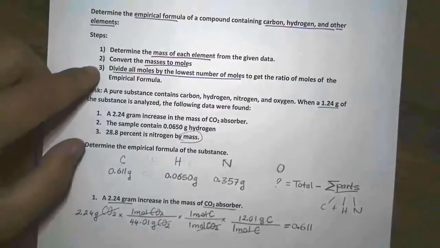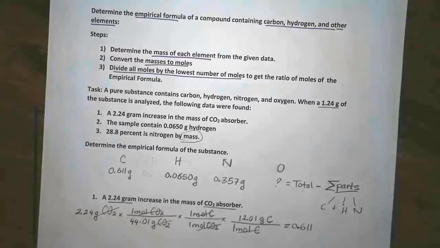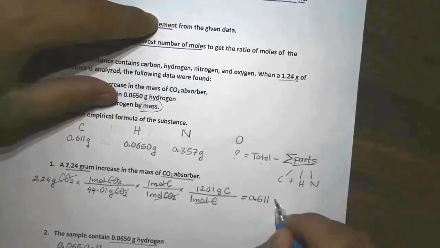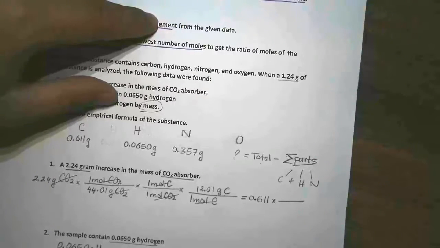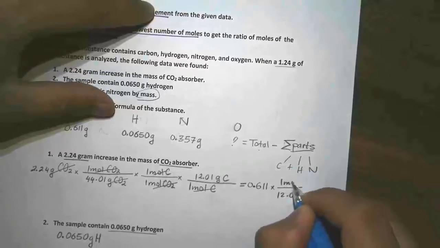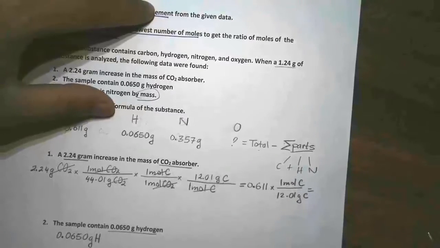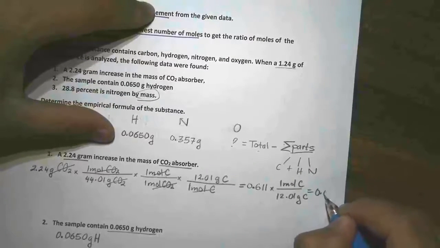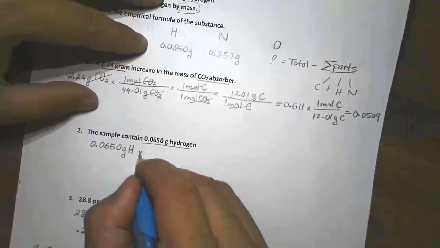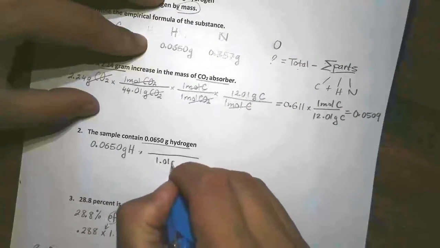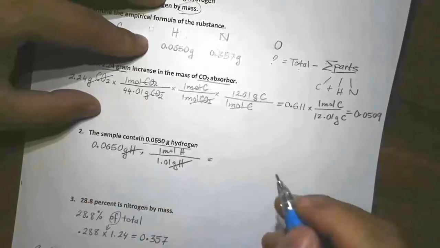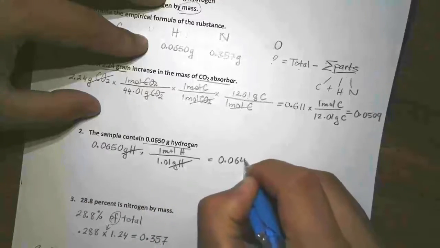Now, let's go back to step 2. Let's convert this to moles, because we need to look at moles in order to determine the empirical formula. So let's go back to carbon, and we multiply by the molar mass conversion factor. In this case, 12.01 grams of carbon is equal to 1 mole of carbon. And when we plug this into the calculator, we have 0.0509. And for hydrogen, we do the same thing. 1.01 grams of hydrogen, 1 mole of hydrogen on top, the grams cancel out, and that will give us 0.0644.